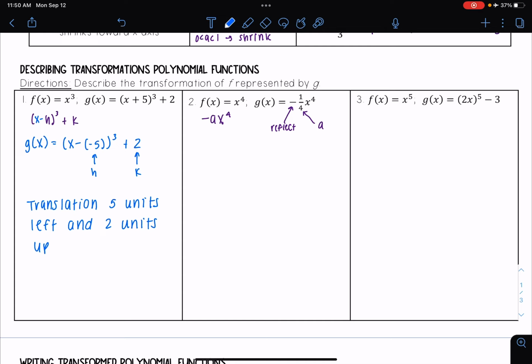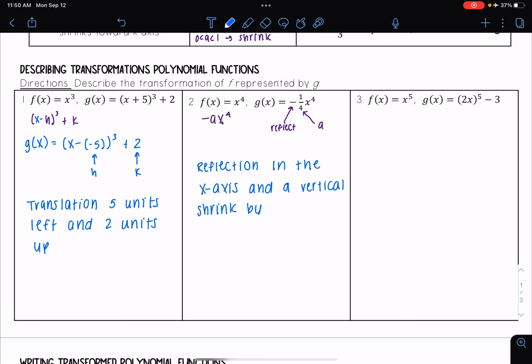So that means I can say that the graph here is a reflection in the x-axis, and since the a is being multiplied to the f of x, it is going to be a vertical shrink by a factor of 1/4.